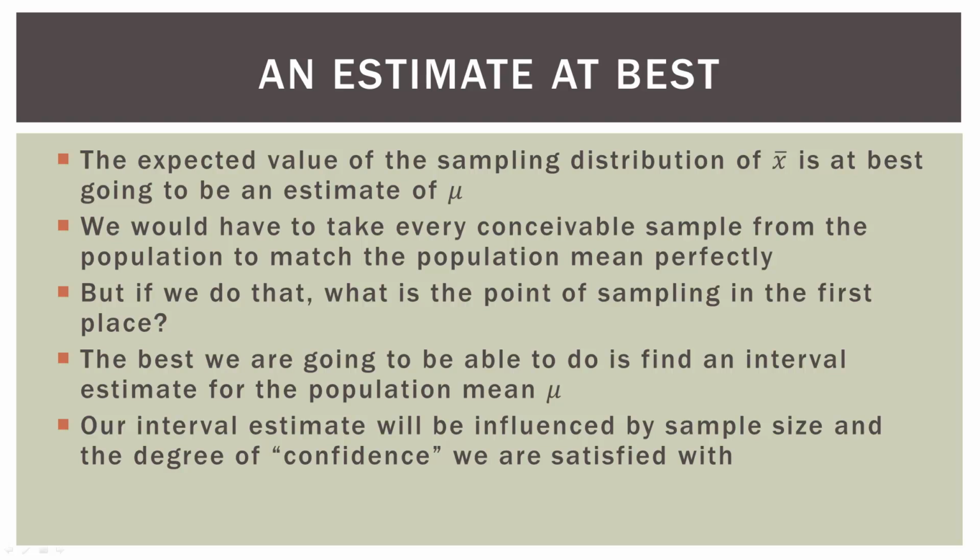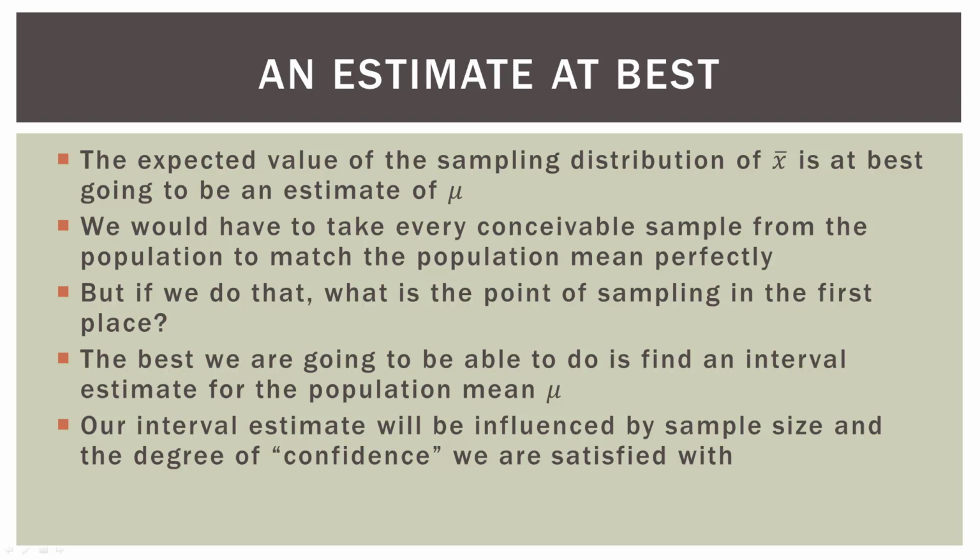Our interval estimate will be influenced by sample size, and this should make sense. So again, in the presidential example, what do you think's better? If I go out and ask 4 people who they're going to vote for, or I go out and ask 1,000? Well, I would say that asking 1,000 is going to be more representative of the entire population than asking 4.